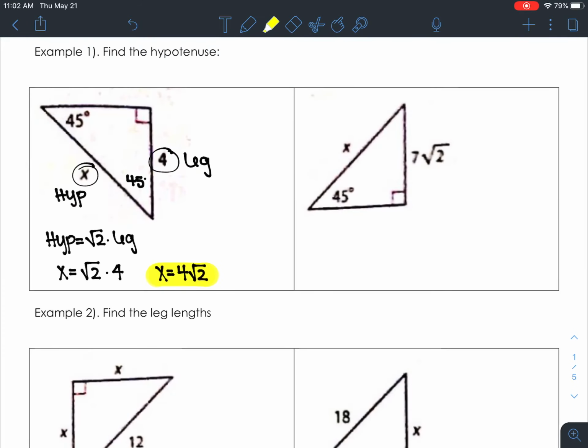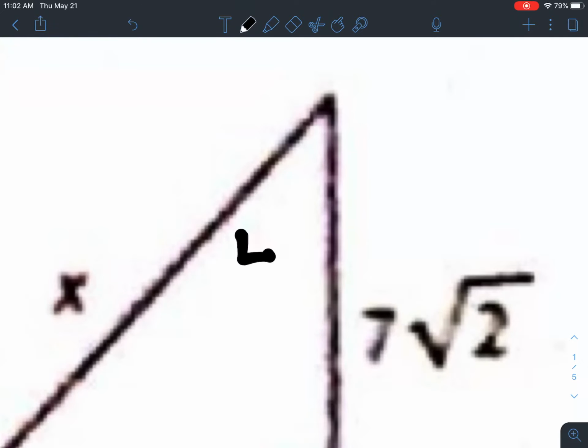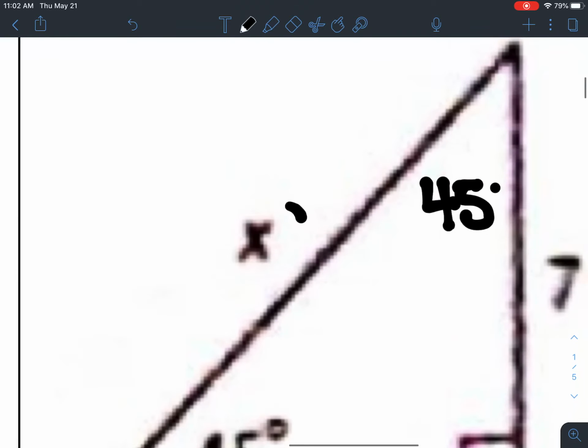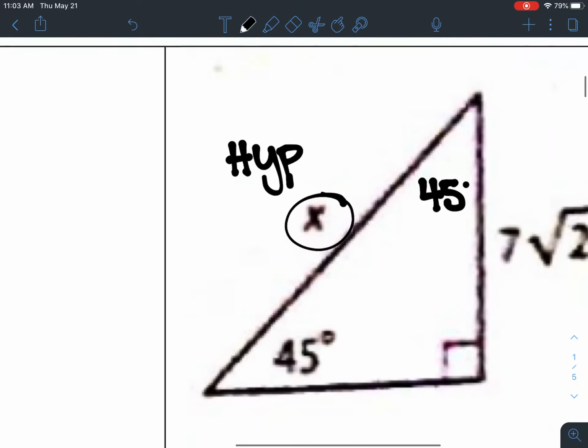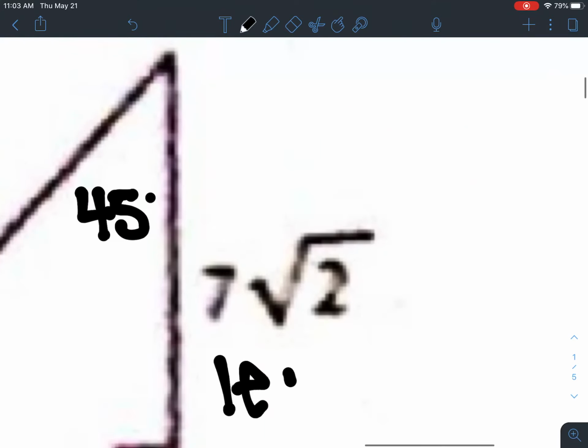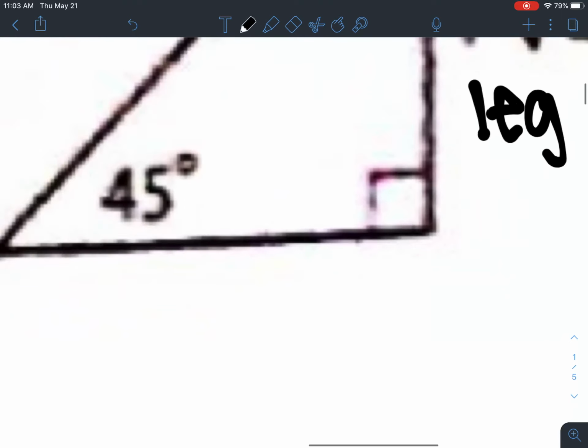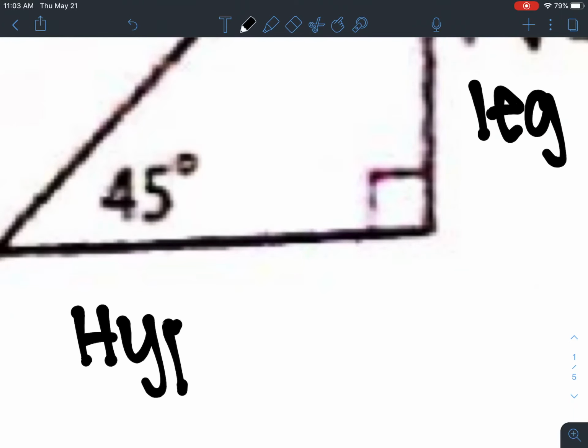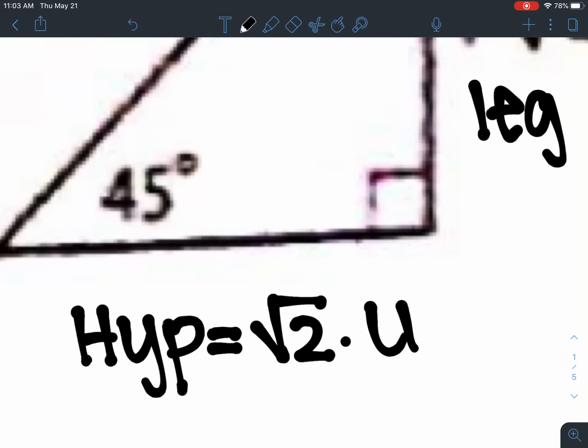Pretty easy. Let's try the next one. Once again, it's a 45, 45, 90 triangle. Our x, once again, is our hypotenuse, and our 7 root 2 is our leg. So we're going to do hypotenuse is equal to the square root of 2 times the leg.